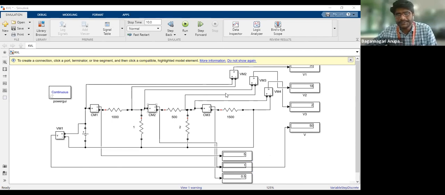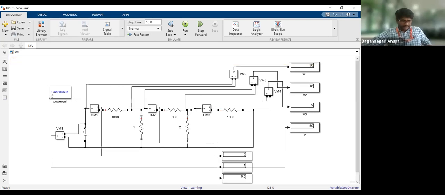So we can tune them according to the values which you want, right? And we can get the values of power, voltage, current, everything, right? So this is just a simulator where you can dump your circuit and get the values.